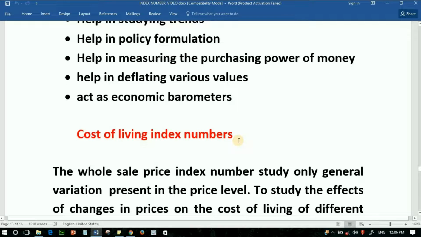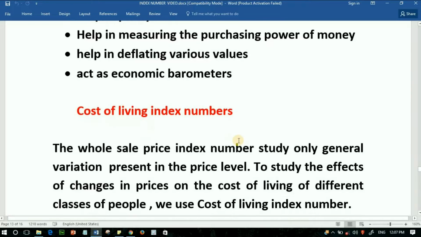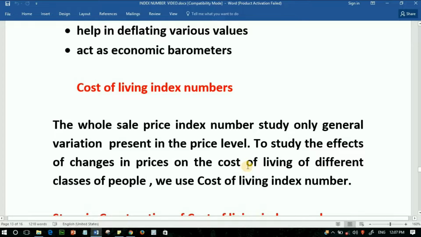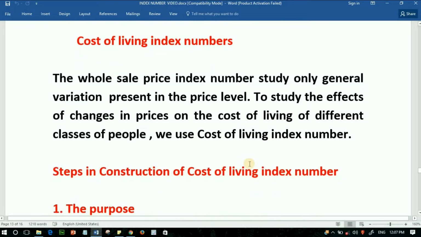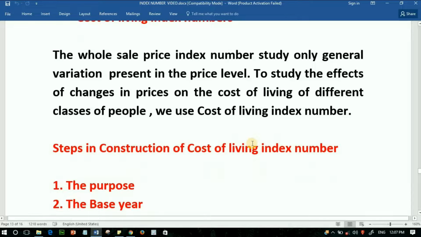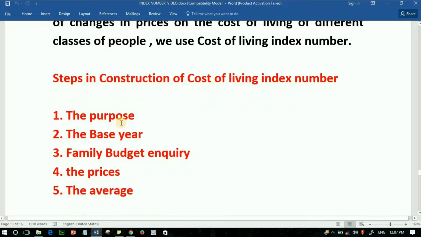Now we are going to discuss what the cost of living index number is. The wholesale price index number studies only general variation in the price level. To study the effects of changes in prices on the cost of living of different classes of people, we use the cost of living index number. What are the steps in construction of the cost of living index number? First of all, you have to describe the purpose. Then next is the base year.